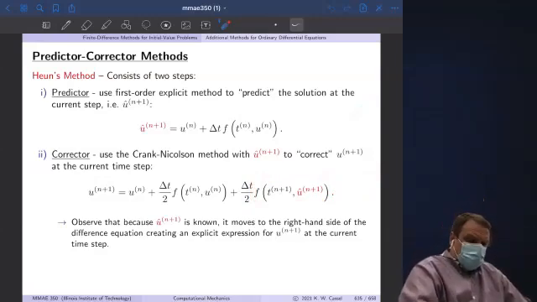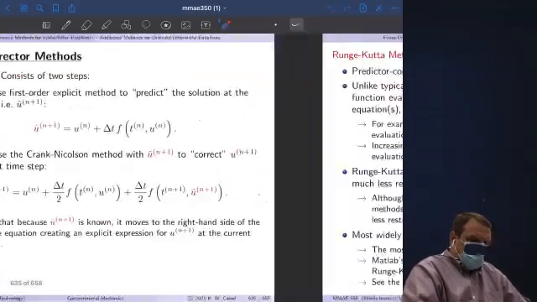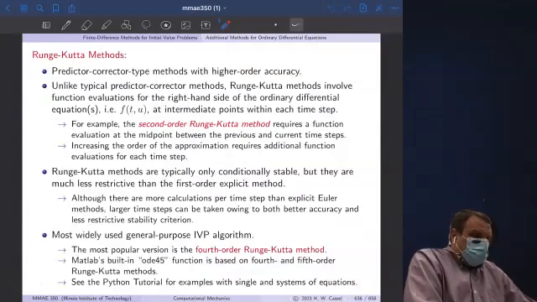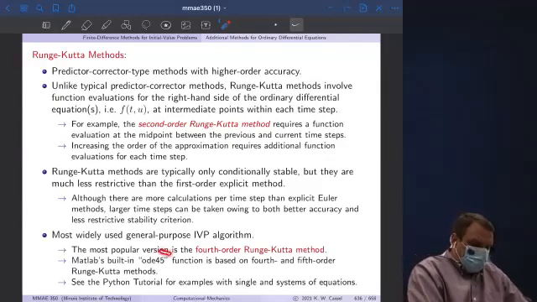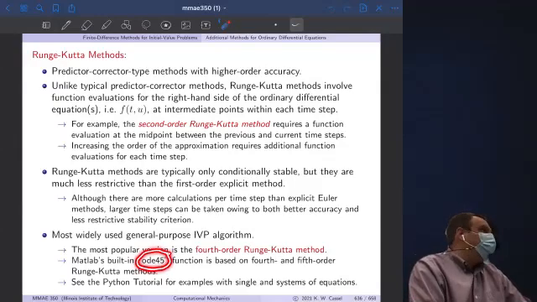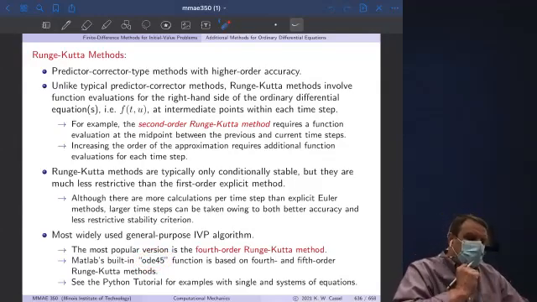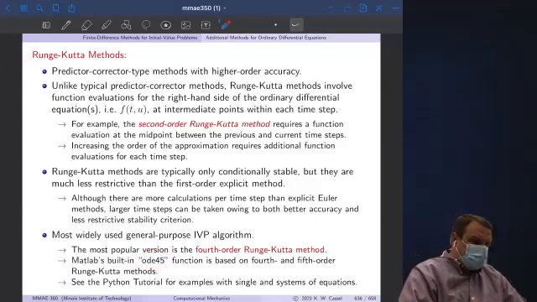Very straightforward. It's building on techniques that we already have in our toolbox. Another very popular approach is called the Runge-Kutta method, predictor corrector called Runge-Kutta. You may have heard of these. ODE45 in MATLAB is based on Runge-Kutta methods, and they're very robust, very flexible, so you can develop them at various levels of accuracy.